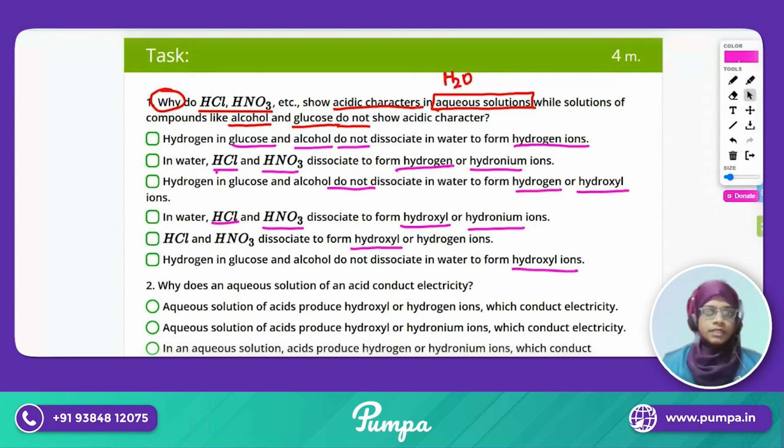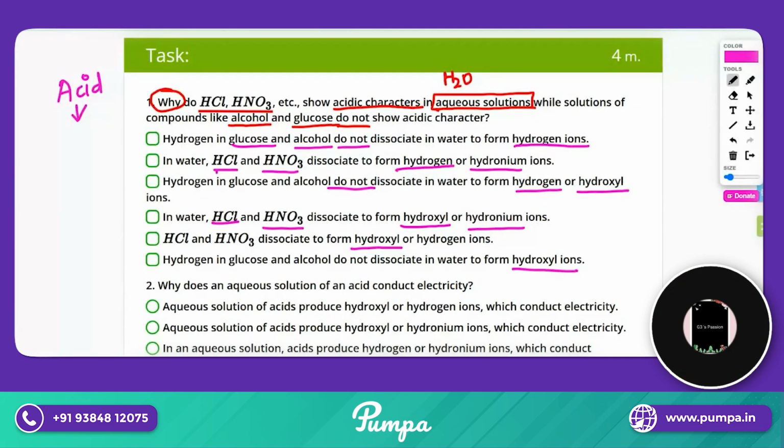So what do you think about this? What is the reason it can be? Why do alcohol and glucose not show acidic character? Acid, what is the main thing we need? When can we call something an acid? Ma'am, second one.